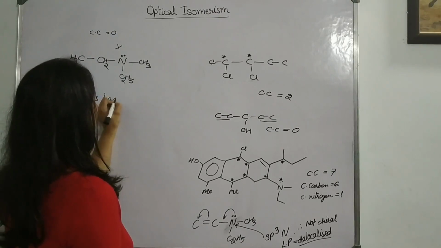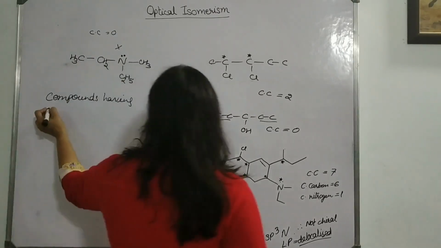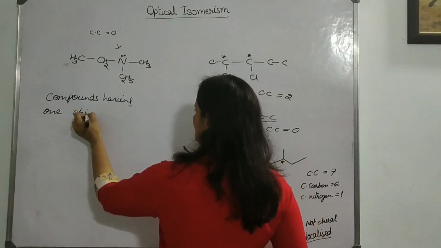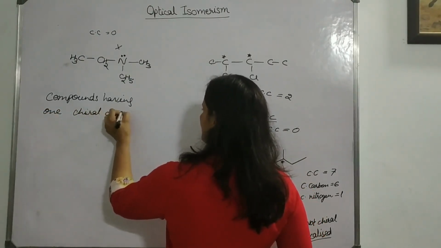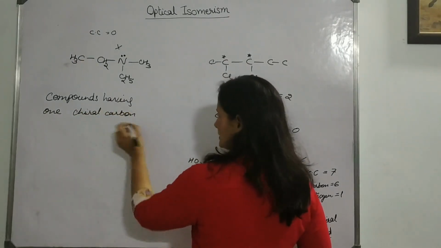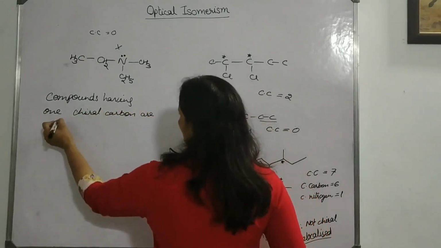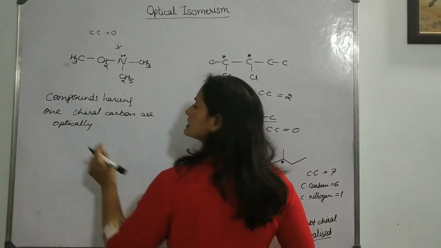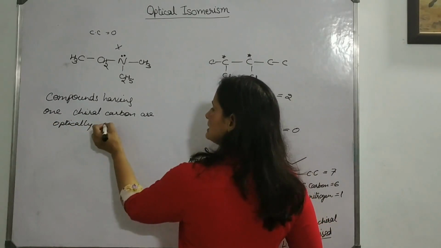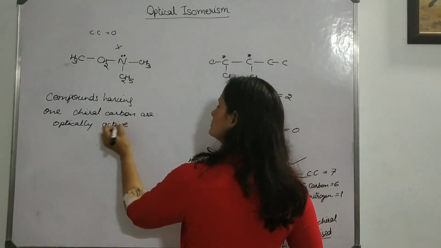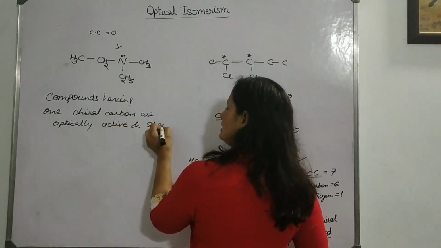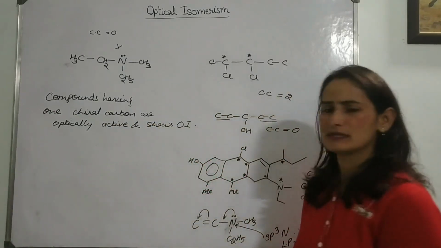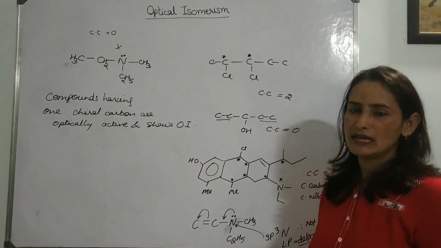Compounds having one chiral carbon, why I am writing carbon, I will explain, are optically active and show optical isomerism, which means they will always form D and L isomer.